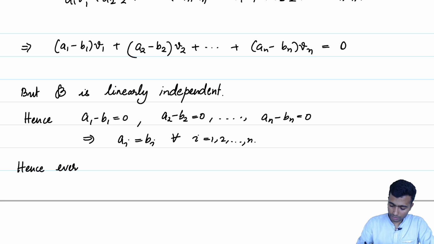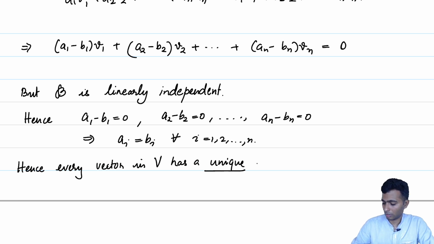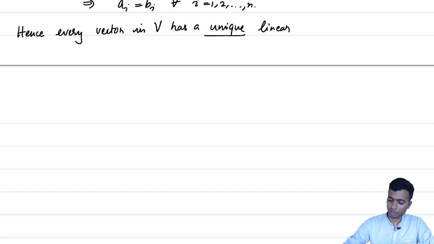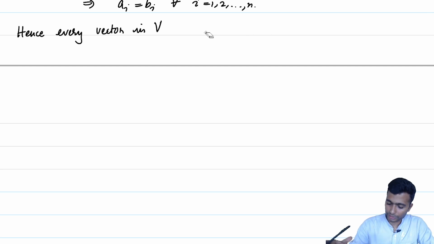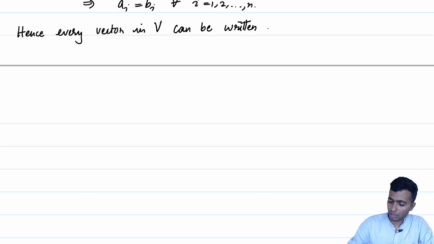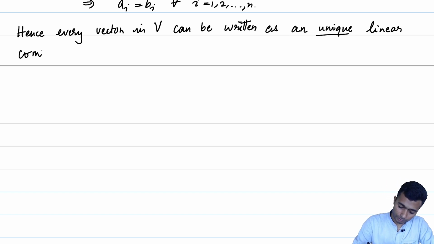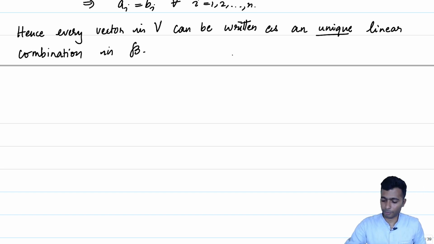So, hence every vector in capital V can be written as a unique linear combination in B, and therefore we have proved our result.